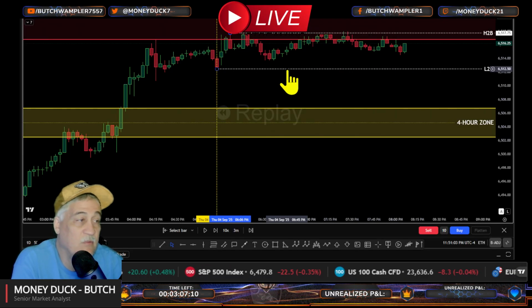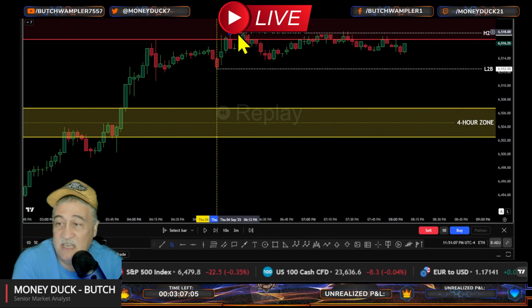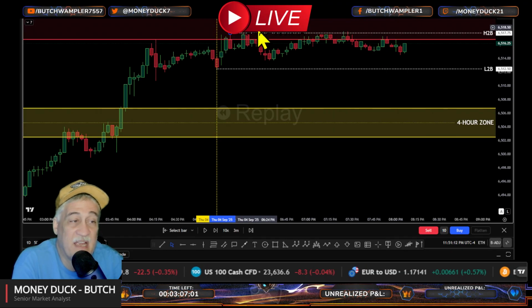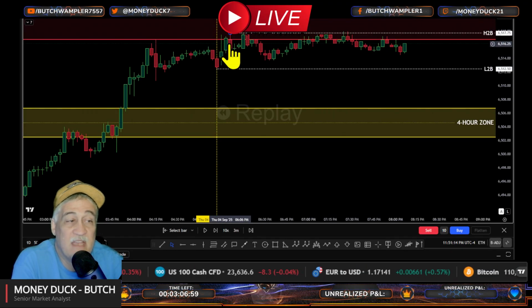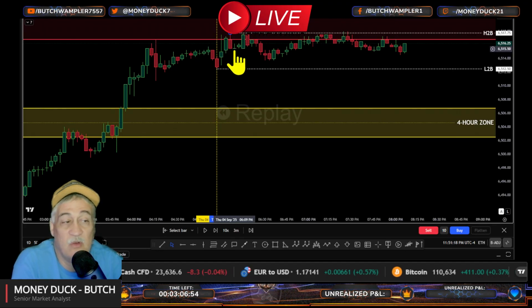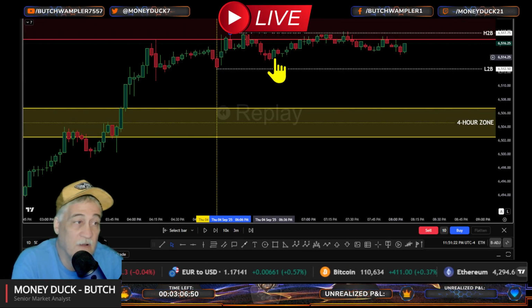But notice I haven't moved my line. I need the high to break. That's the key to this. You have to be willing to ride this back and forth, because as it moved up here and came back and then pushed back up again, you might have moved your low right there and you'd be taken out, only for it to keep moving long.